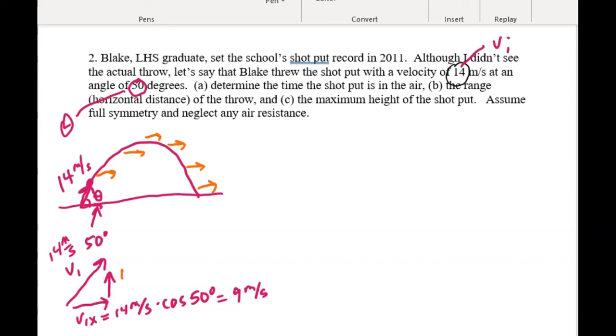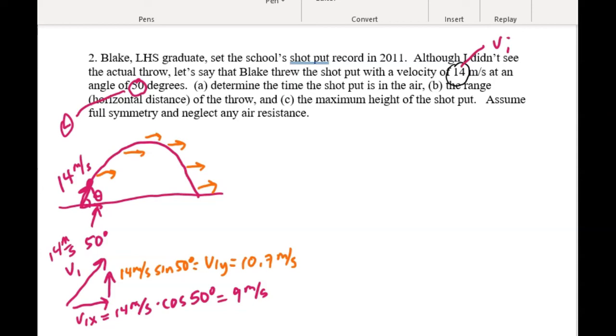So that's going to be our 14 meters per second times the sine of 50 degrees. So our VIY then is 10.7 meters per second.